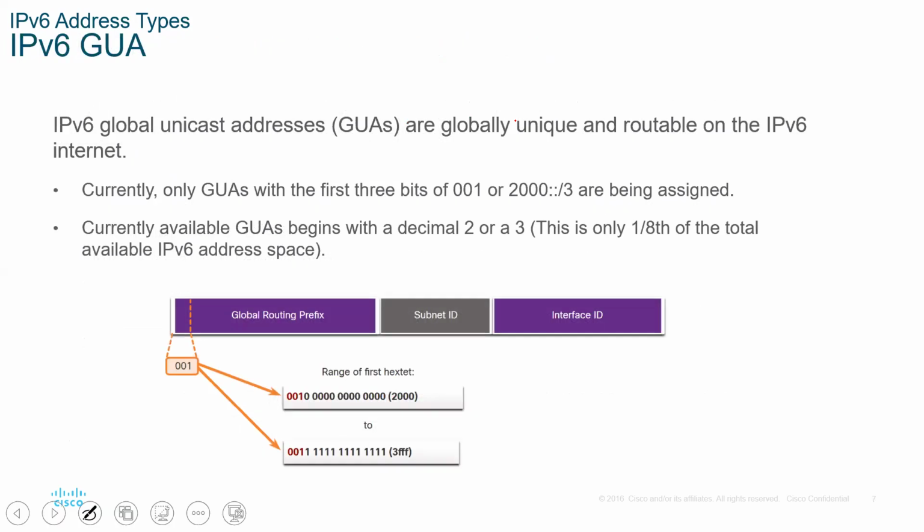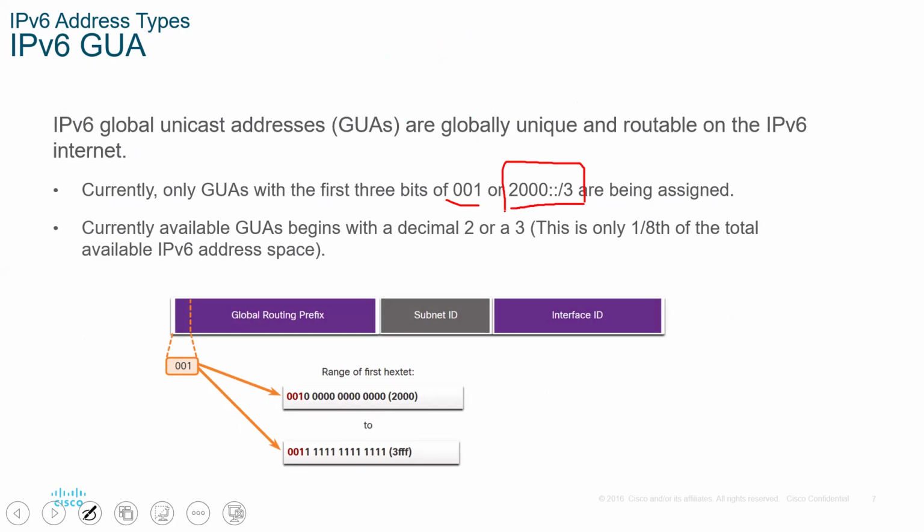Then under the global unicast address, we said they are uniquely routable on the internet, and it is usually the first 3 bits of 001, or this one. They are being assigned 2000::/3.